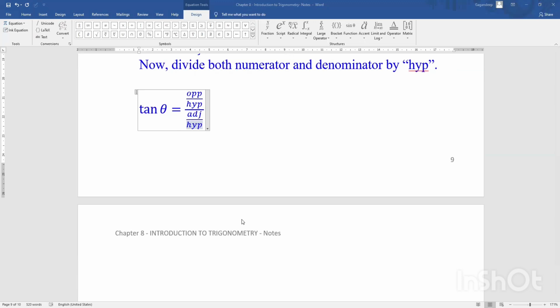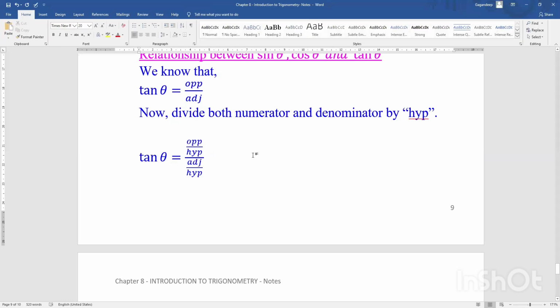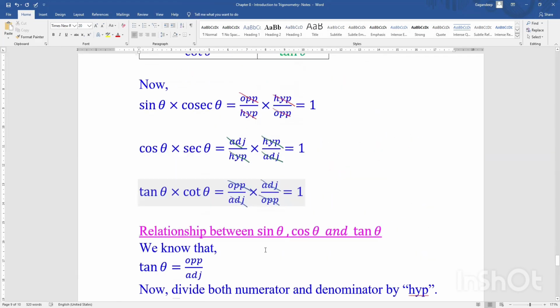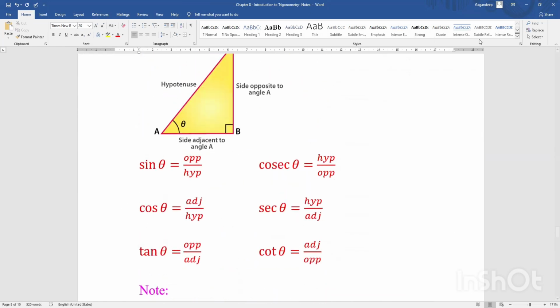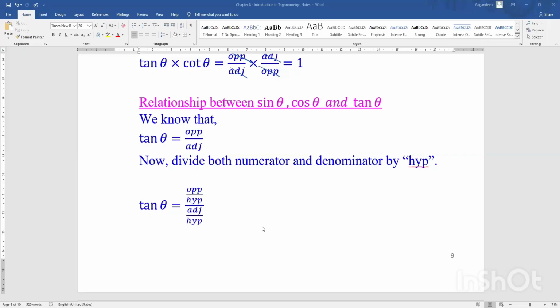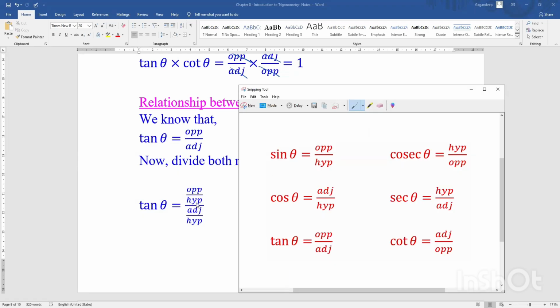Next thing. Now, what is opposite by hypotenuse? Let me show you the table for that. So opposite by hypotenuse is sine theta and adjacent by hypotenuse is cos theta. Let me show you the reference table. So now here we can see that sine theta is nothing but opposite by hypotenuse.